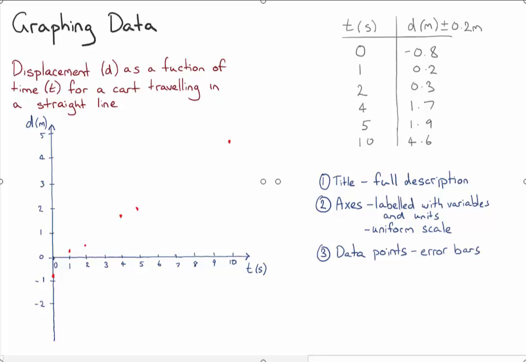I've just added up the top there that it's 0.2 meters is the uncertainty on each of those displacement points. And so we'll put them in. And each of those bars represents the range that that data point might actually lie in. So it could lie 0.2 above, or it could lie 0.2 below that red dot.